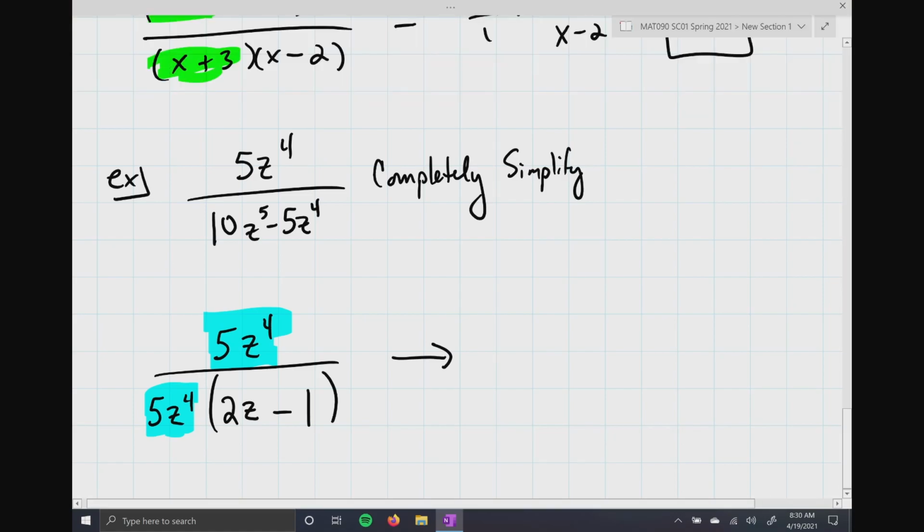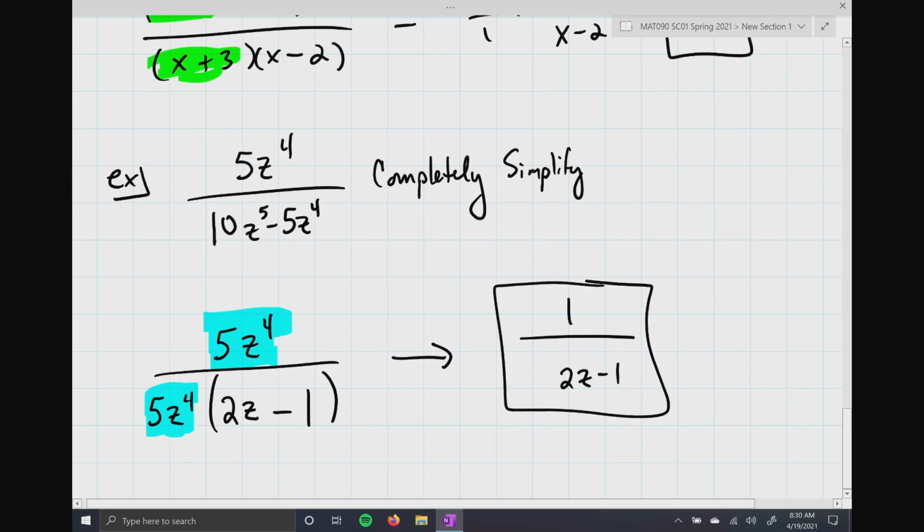When I reduce them, the numerator becomes a 1 and the denominator becomes a 1. And 1 over 2z minus 1 times 1 is just 1 over 2z minus 1. So these will reduce.